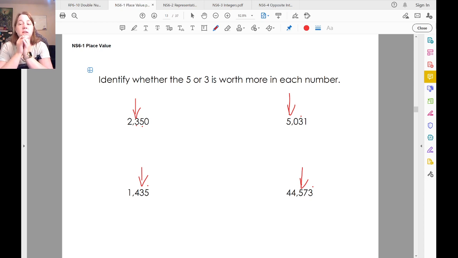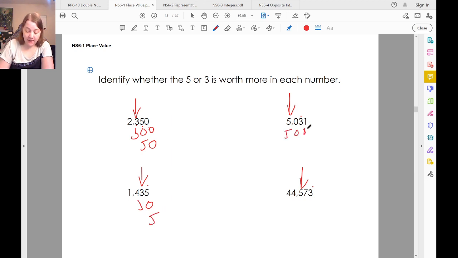So to look at this, this would be 300 versus 50. This would be 30 versus 5. This would be 5,000 versus 30. And this would be 500 versus 3.